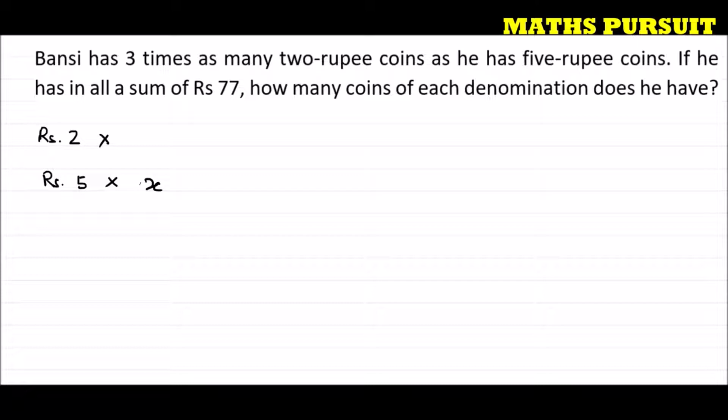That means Bansi is having 3 times the number of 5 rupee coins. So if we are considering X as the number of 5 rupee coins, then we can easily say that Bansi is having 3x number of 2 rupee coins.